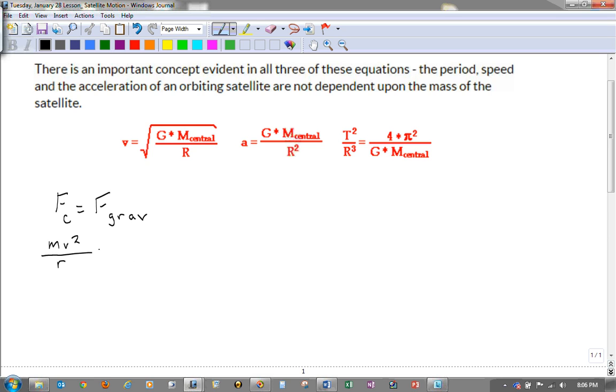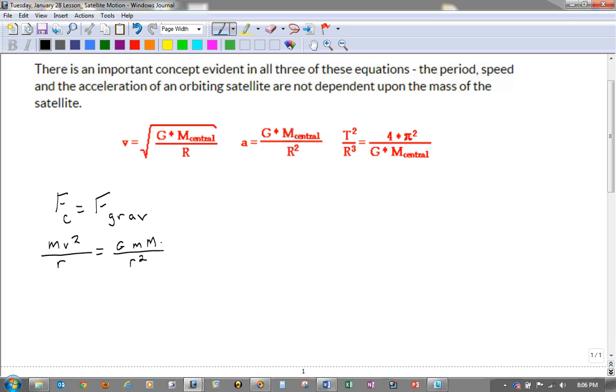The formula for gravitational force is, of course, the gravitational constant times the mass of the object multiplied by the mass of the second object, which in this case would be, say, the sun. If you're talking about planets orbiting the sun, it could be the mass of the earth if we're talking about satellites orbiting the earth or the moon orbiting the earth. So divided by the distance between them squared.